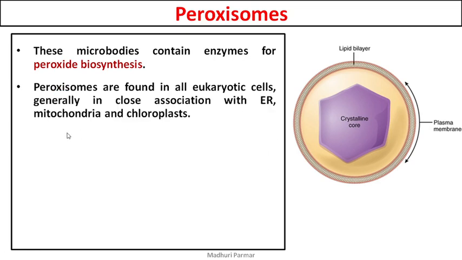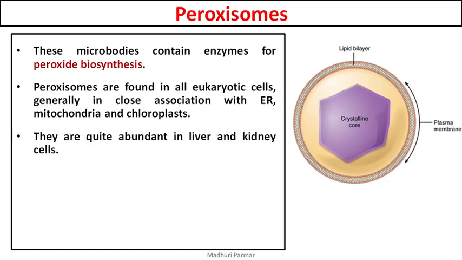Peroxisomes are found in all eukaryotic cells, but they are generally in close association with the endoplasmic reticulum, mitochondria, and chloroplast. Fine, because along with endoplasmic reticulum, mitochondria and chloroplast, they will be performing metabolic activities. So they are found closer to these organelles. They are quite abundant in liver and kidney. Liver, as you already know, does the function of detoxification.